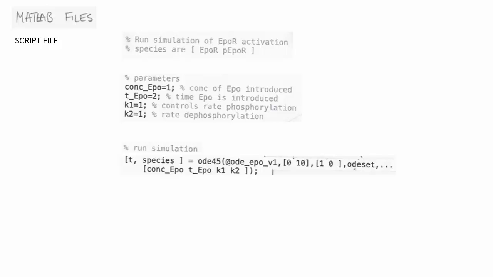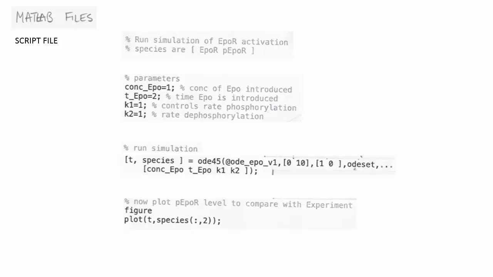Then I pass my initial conditions, so initially the level of unphosphorylated EPO receptors is 1, the level of phosphorylated EPO receptors is 0. That's because I haven't got any EPO in my system, so everything starts off unphosphorylated. Then I pass this ODE set parameter, and after that a vector, the parameters vector P, and that passes those parameters to the function.